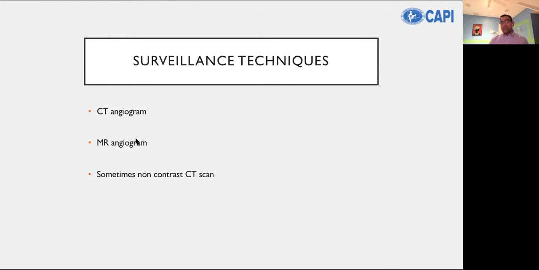Surveillance techniques: generally we try to do a CT angiogram, which is a very good modality to find out what the stent graft is doing. Is there a good remodeling of the aorta happening? And is there any aneurysmal degeneration developing? Of course, it's a radiation-based technique, so we want to avoid that.